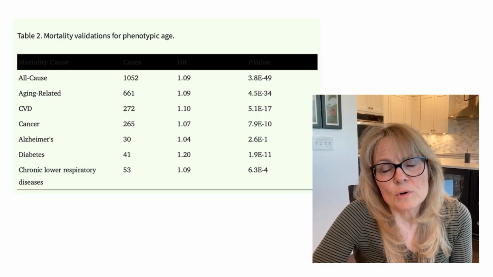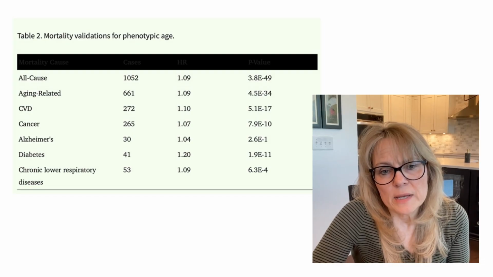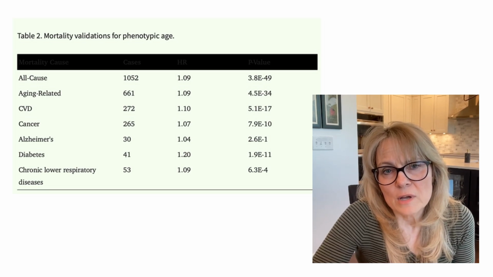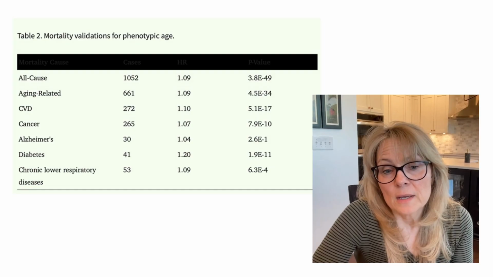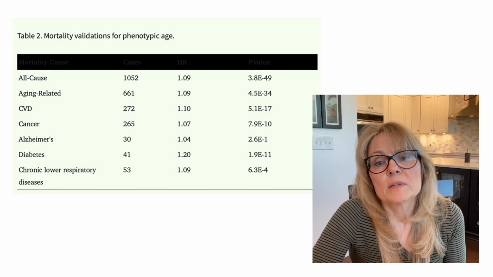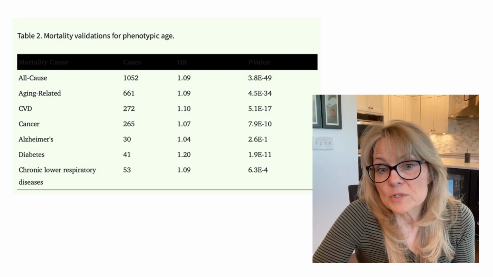If you are just 1 year older in your biological age than you are in your chronological age, you are 9% more likely to die of all causes, and 9% more likely to die of age-related disease. Your cardiovascular risk goes up 10%.